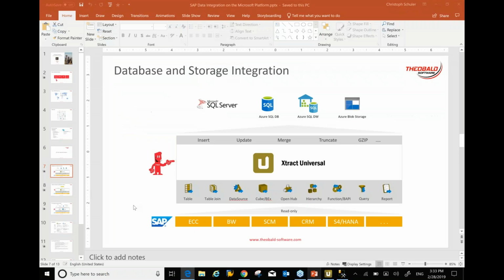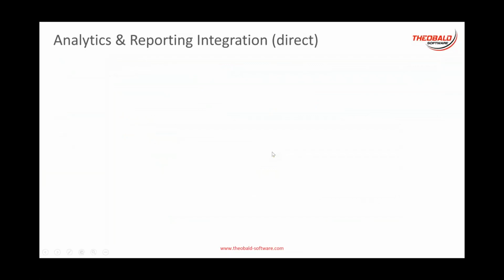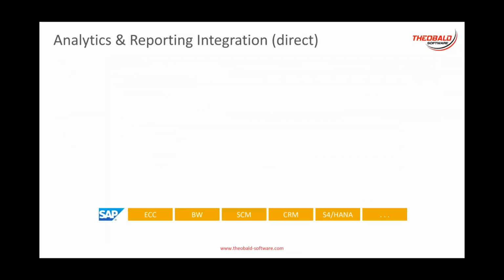So let me go back to the presentation. In the next example, I would like to show you another use case that is also enabled with Extract Universal. So with Extract Universal, you also have the option to go directly into your analytics or reporting tools.